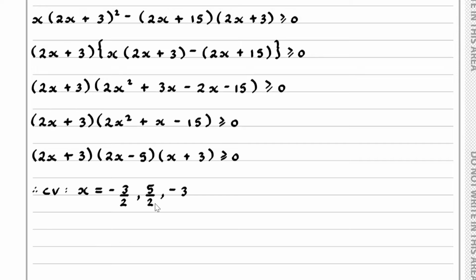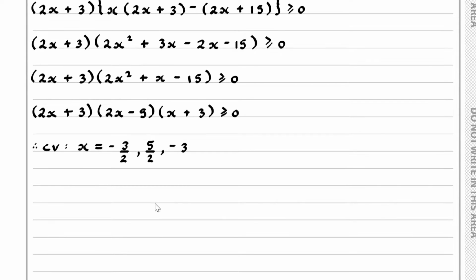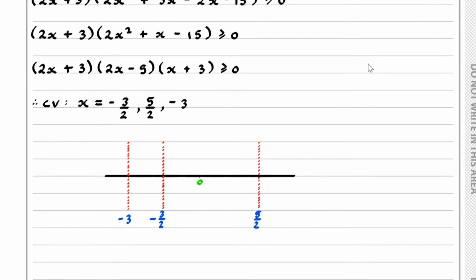Now at this point we can draw a number line showing our critical values. So here is our number line with the critical values shown here. Now we'll test values either side of these critical values.